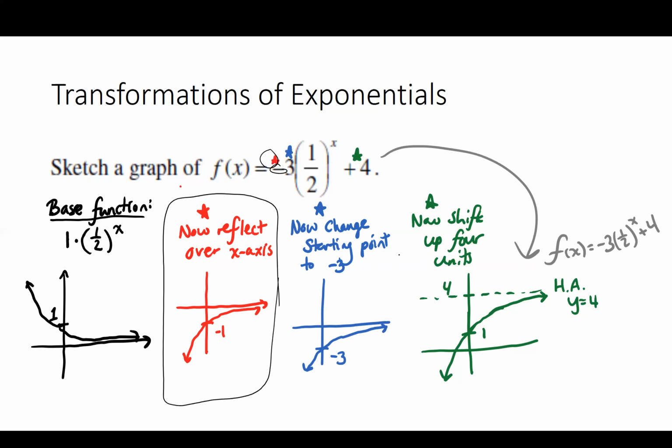Now I'm going to change the starting point to -3, which is really just another way of saying that I vertically stretched this by a factor of 3. And then +4, I'm going to move this 4 units up. So it goes 4 units up here.